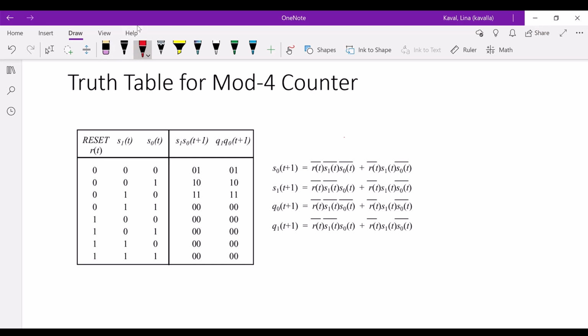I'm not quite sure why it's exactly this, but it's going to be the same for a mod 8 counter as well. Just imagine we have another input S2, because as I said earlier, we're going to have 3 outputs and 3 inputs for a mod 8 compared to our mod 4, which has 2 inputs and 2 outputs.